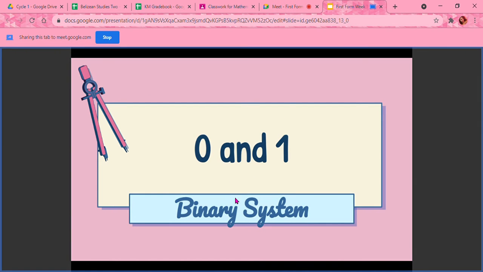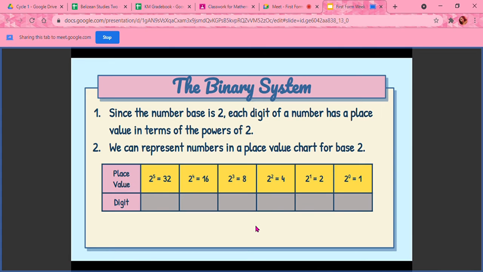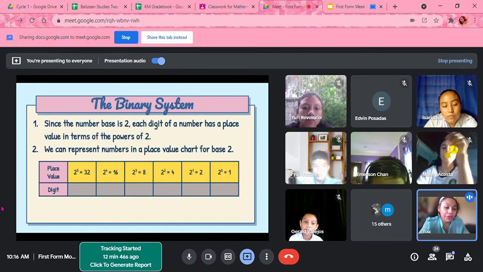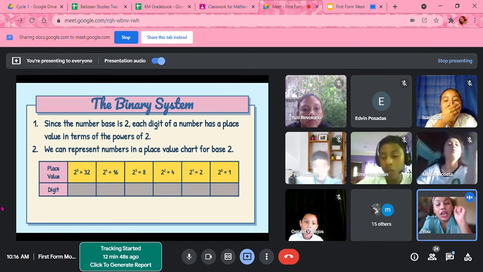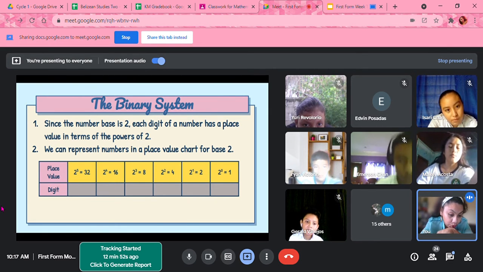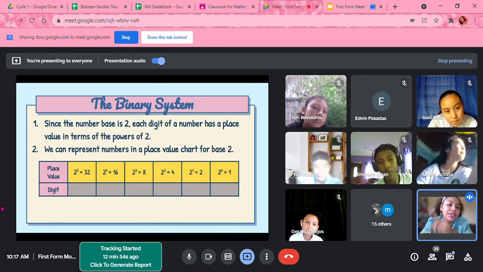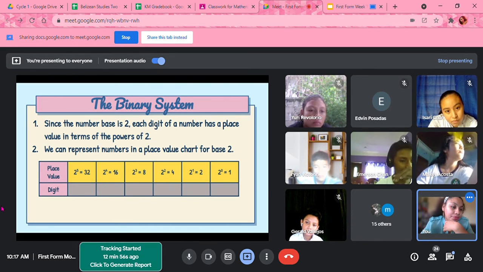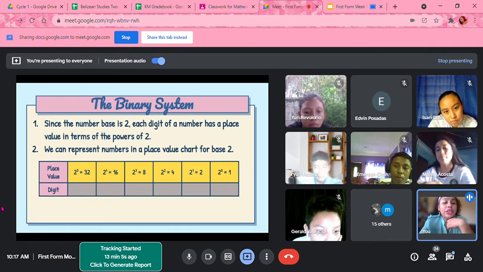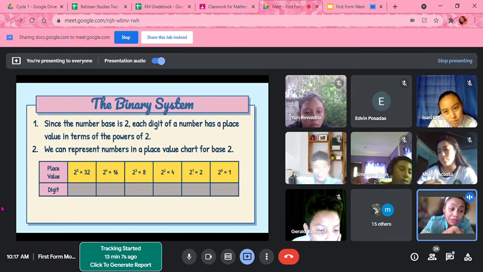So binary uses 0 and 1 only, and you have a place value chart for binary numbers. And it's important. Take a look at this place value chart. It has powers of 2. Why does it have powers of 2? Why doesn't it have powers of 10? Remember when we talked about the decimal and we looked at the first place value chart? It had powers of 10.